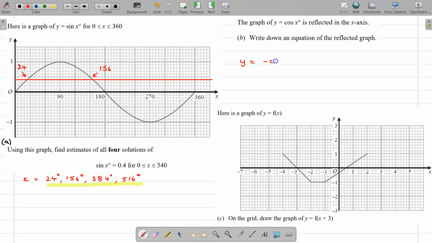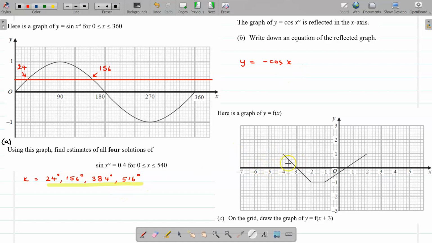Because when you reflect something in the x-axis, all of the positive y coordinates become negative ones and vice versa, and all the x coordinates stay the same. So it basically reflects it in the x-axis. So that's all you need to do, and that's the answer.